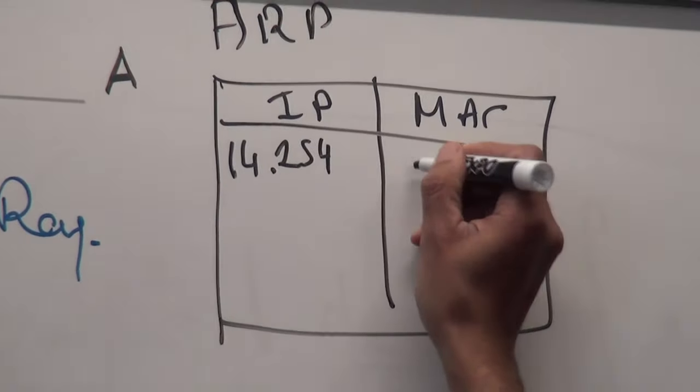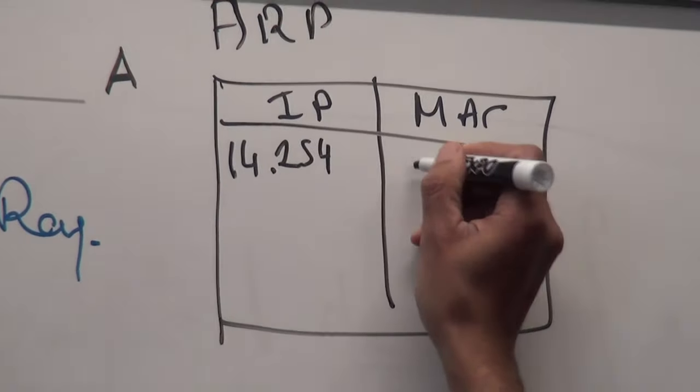What will be the destination? EX1. What will be the source? EA. What is the type? It's an ARP response. What is the source IP? 14.173. What is the destination? 14.254. Right?